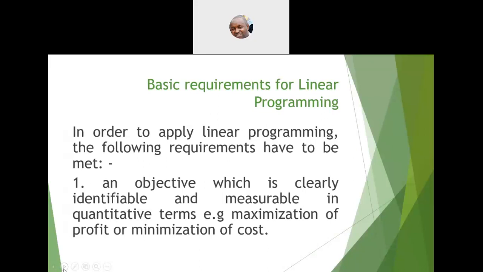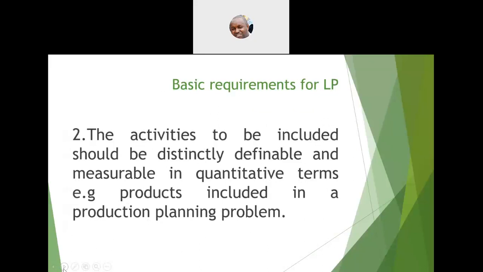Even that utility that you're talking about, we can measure utility using units called utils. The second requirement is that the activities to be included should be distinctly definable and measurable in quantitative terms. How many hours are you putting in your revision? How many hours are you spending in your Mathematics for Economists 2?